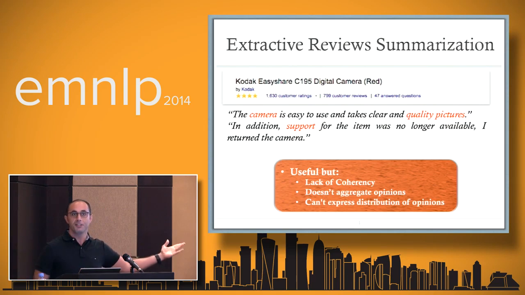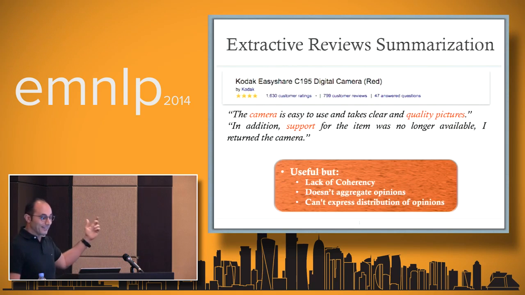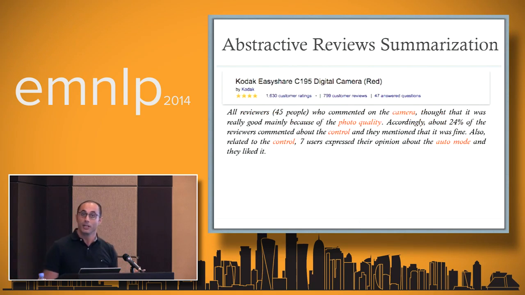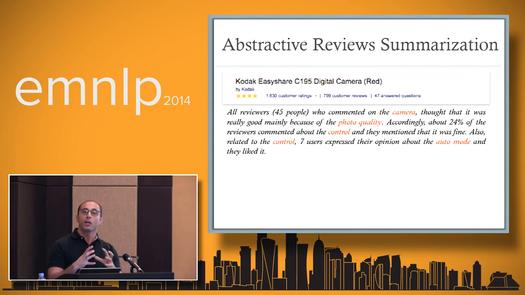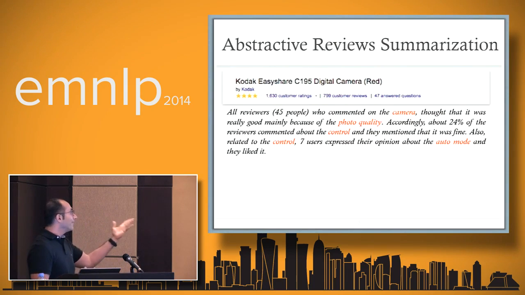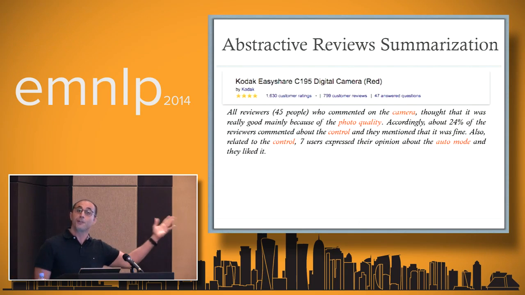So there are some problems here that abstractive review summarization can overcome. Abstractive review summarization tries to generate the summary based on the reviews. Looking at the same example, you can see this abstractive summary, where the red fonts are the aspects or features of the camera.